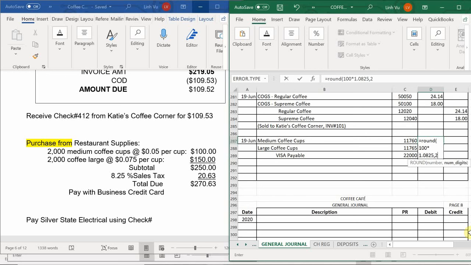Therefore, it should be 108.25 for my medium cups. Since I already solved for one of the taxes, I automatically know what the rest is going to be: $270.63 subtract the 108.25 to get a total of 162.38.